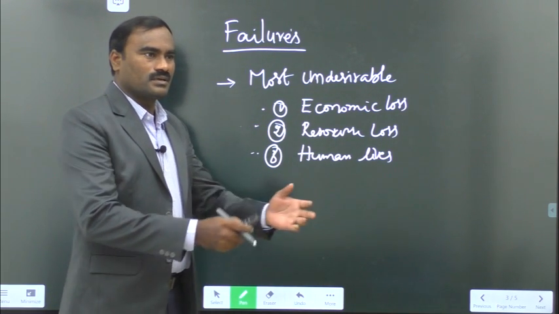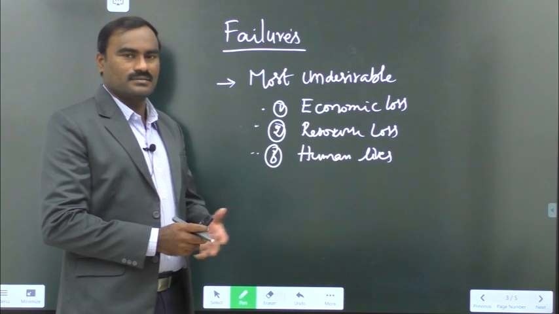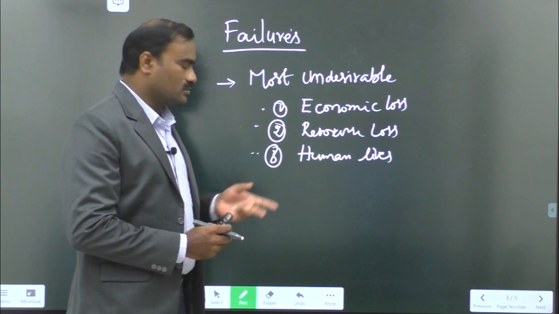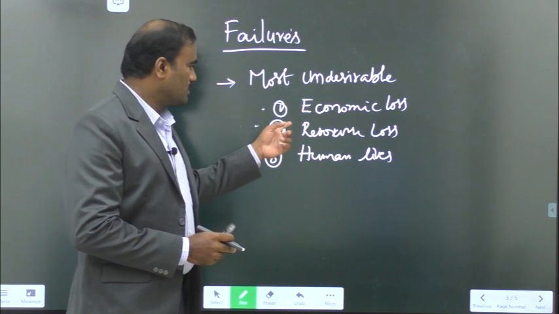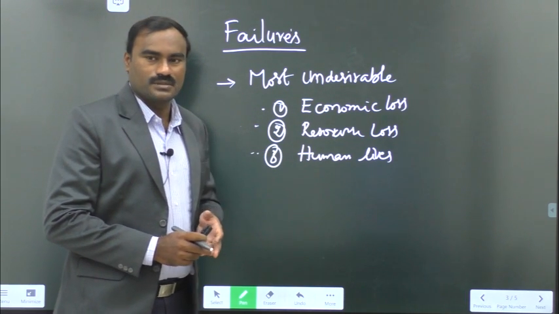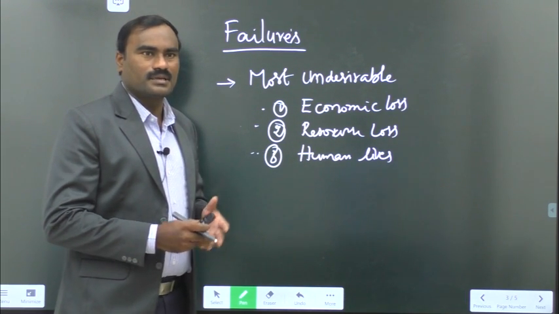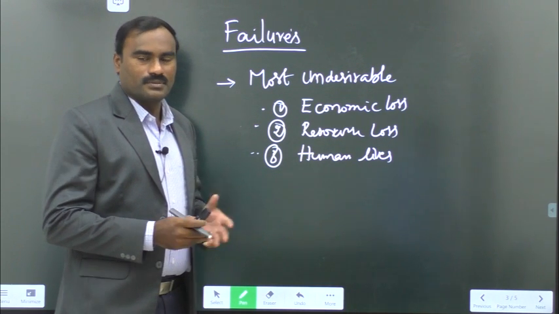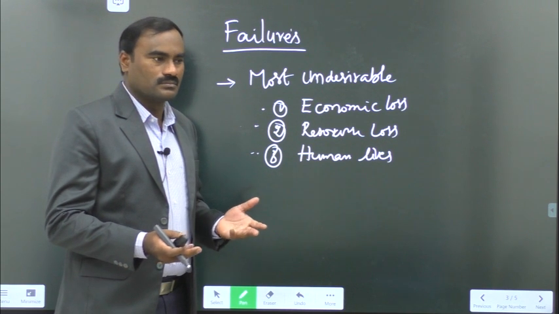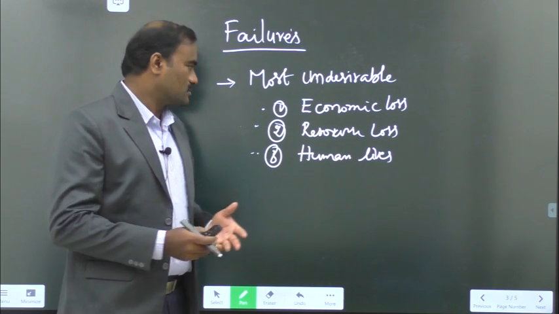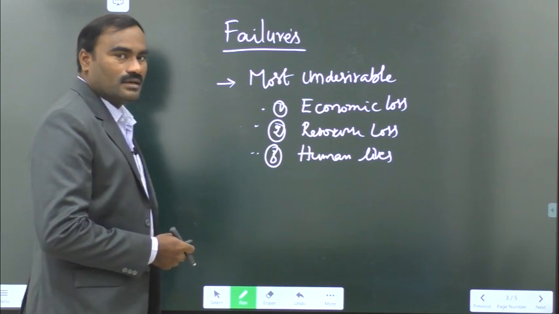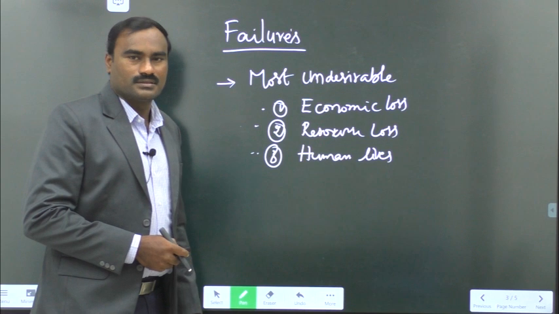Suppose you are moving on a bike and the axle is broken, then what happens? Economically you will lose, the resources will be lost, and at the same time human lives are also lost. Sometimes people may lose their lives. So failure of metals is a most undesirable thing.